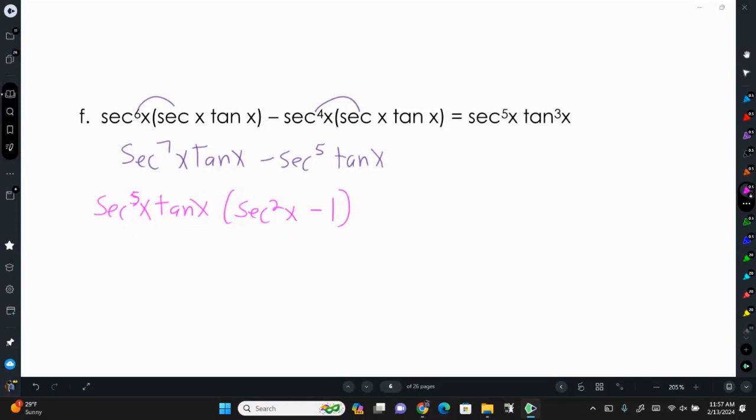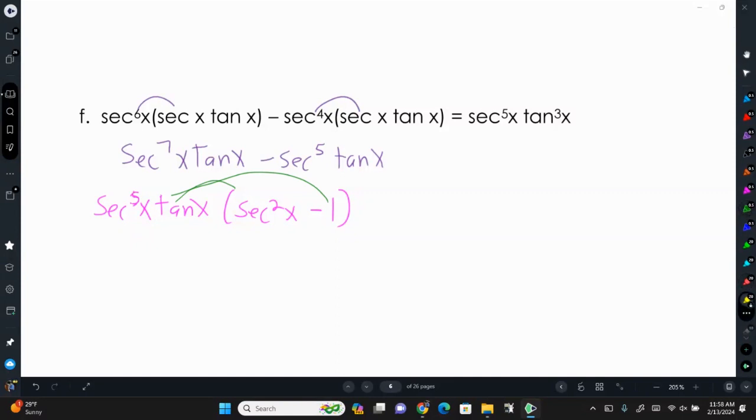And there's a subtraction sign between them. So I factored out the secant to the fifth times tangent x, and I'm left with secant squared x minus 1. And like I said before, if you are unsure about factoring out a GCF, multiply it back in and see if you get what we started with.